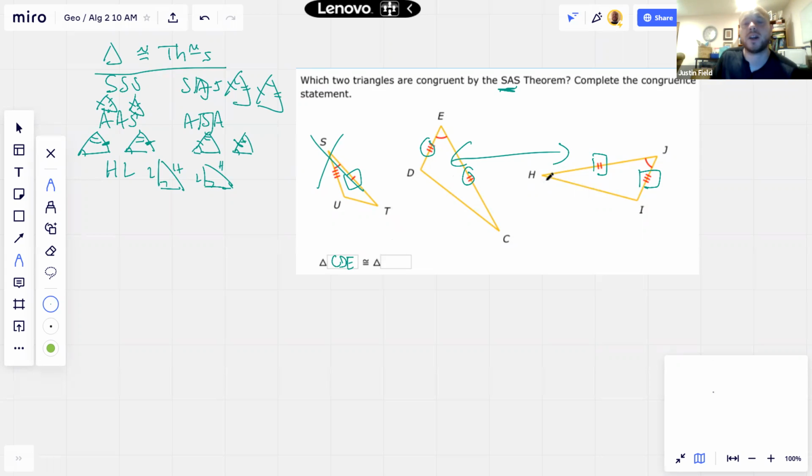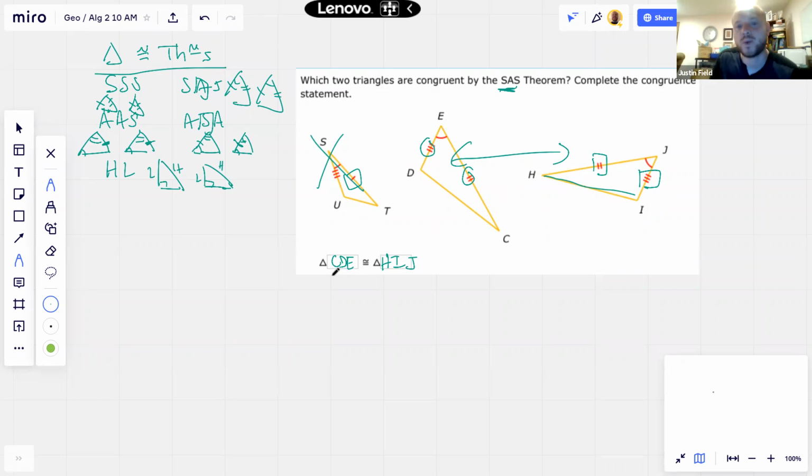So then that would mean I would go HI and then J. And that way I have the blank side. And then I go to the top of the 3 side, just like I did over here. You don't want to say IH, because then that wouldn't match.